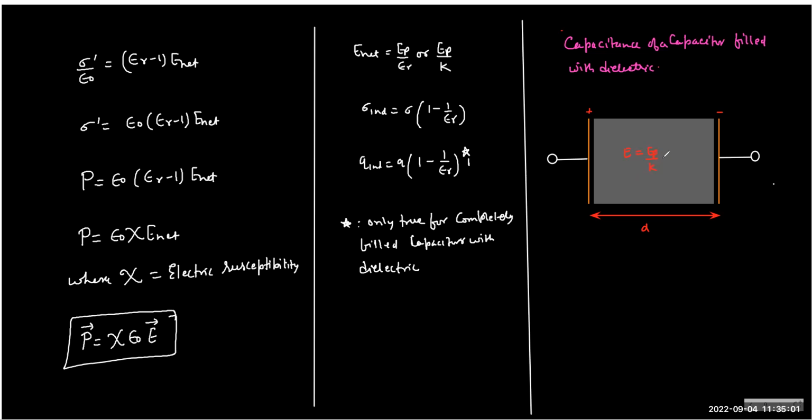This K is the dielectric constant. Can we write it as sigma by K epsilon naught? So the net field in the medium is sigma by K epsilon naught, yes or no? As a thumb rule, what you need to remember is that the moment you enter a medium, the field will reduce by K times.